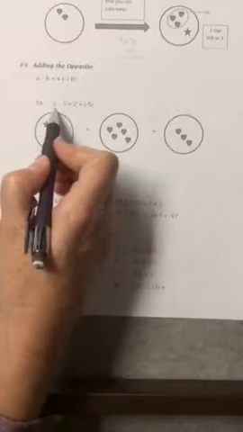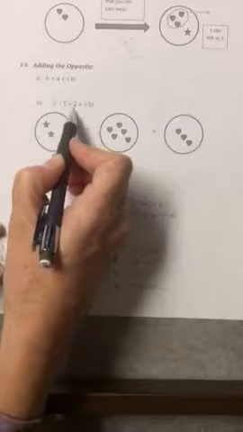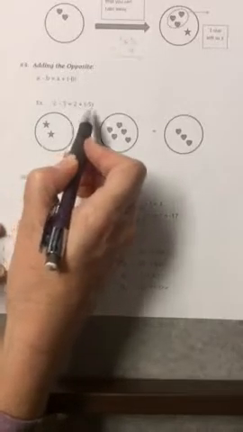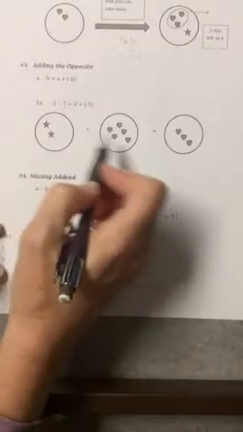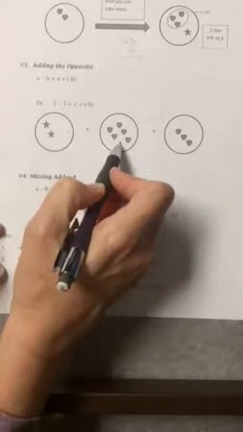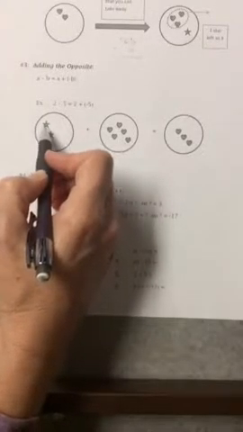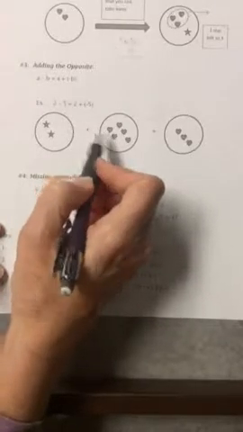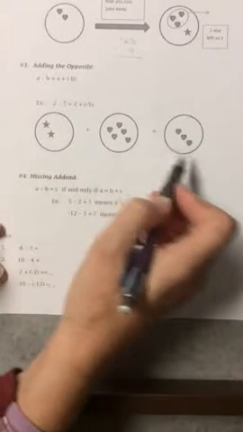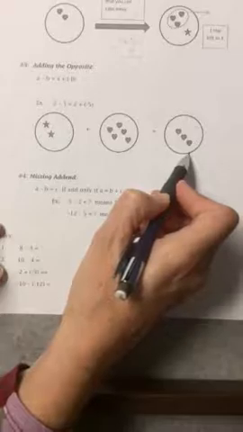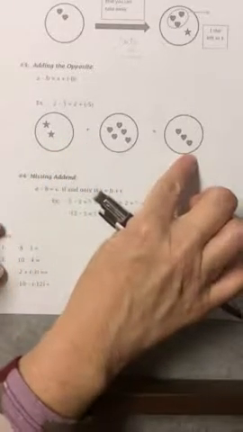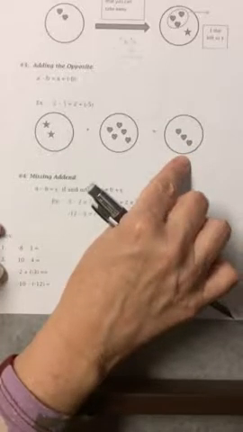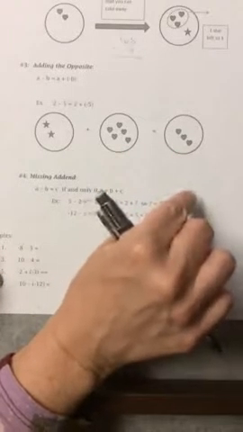If I had the problem 2 minus 5, I would see it as 2 plus negative 5. I would have 2 stars and 5 hearts. As I added them up, this star and that heart would go to 0, this star and that heart would go to 0, and I'd be left with 3 hearts, which I know is negative 3. So all the rules that we had last time for adding would apply if you can change it to adding the opposite.